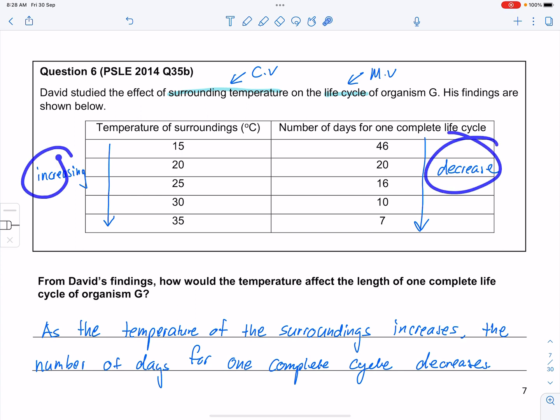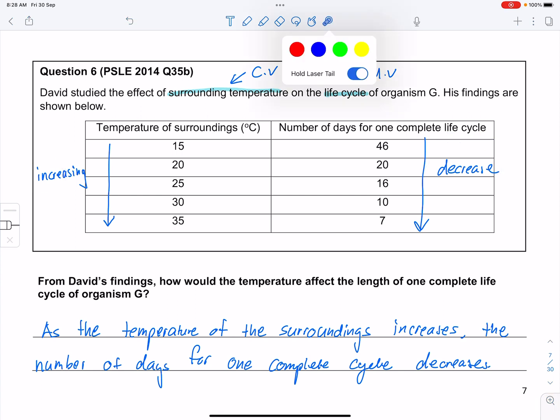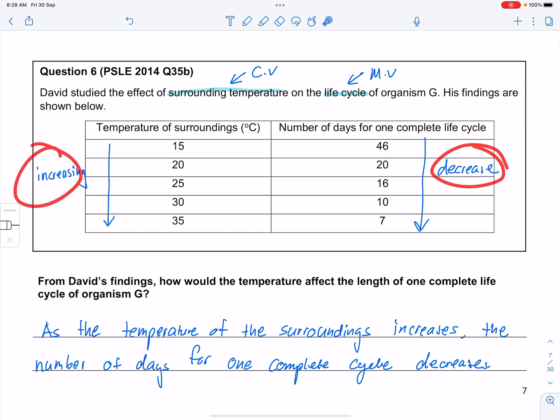So from here and here, we'll be able to tell they are opposing.